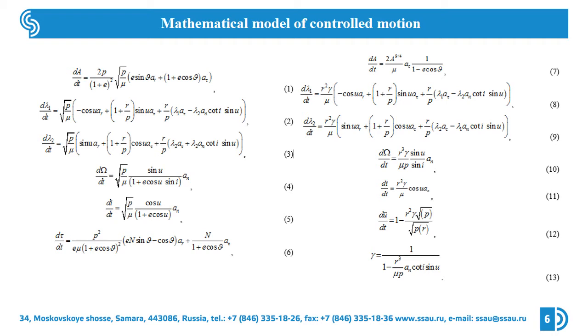To carry out the averaging procedure, we move from the derivatives of the orbital elements in time to the derivatives in the latitude argument. The system of equations 1 to 6 will take the form of equations 7 to 13.